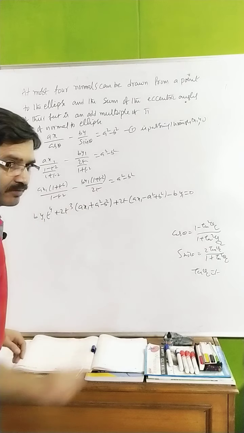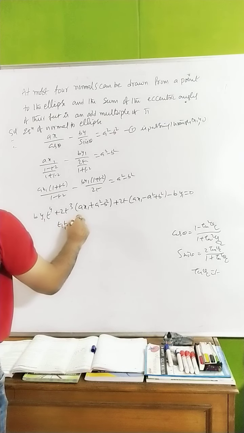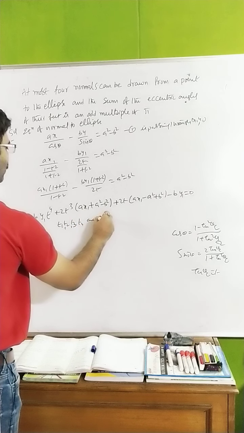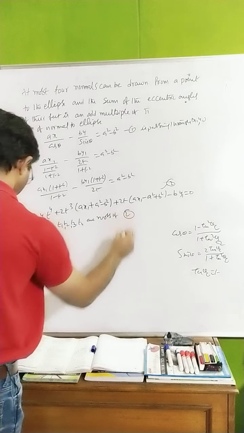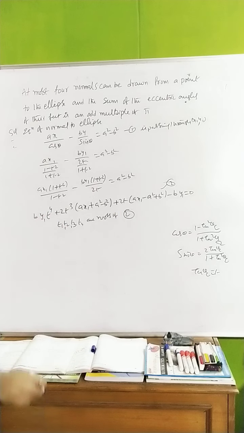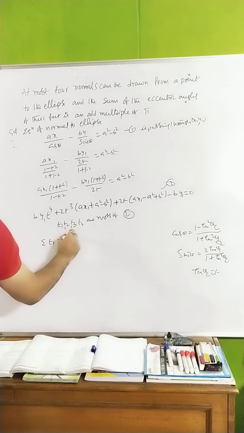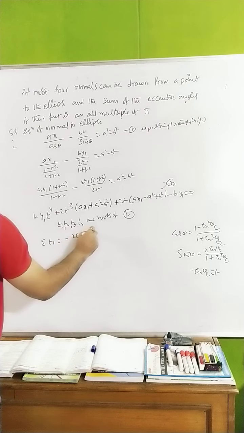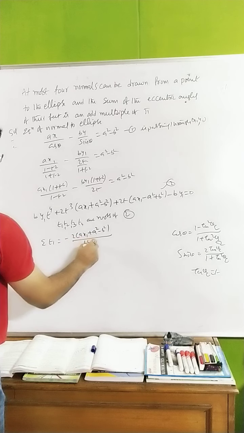It's a 4th degree equation. Let us assume that t1, t2, t3 and t4 are roots of this. Now if they are the roots, you can write all those things. Sigma t1 is minus 2 into ax1 plus a square minus b square divided by by1.